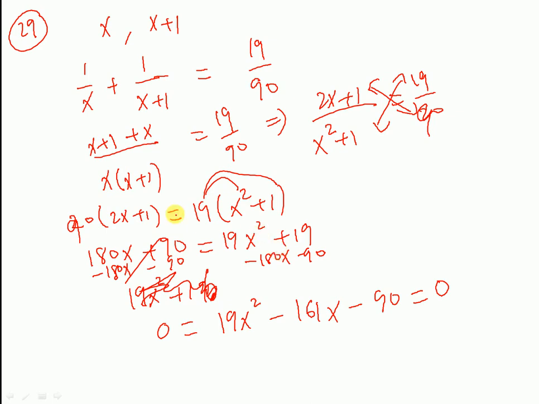Okay, sorry, here this should be 2x plus 1. I'm missing something here. Okay, here this should be, okay, here x times x is x squared, x times 1, this should be x. So therefore we should have 19x here, and therefore we have this one.